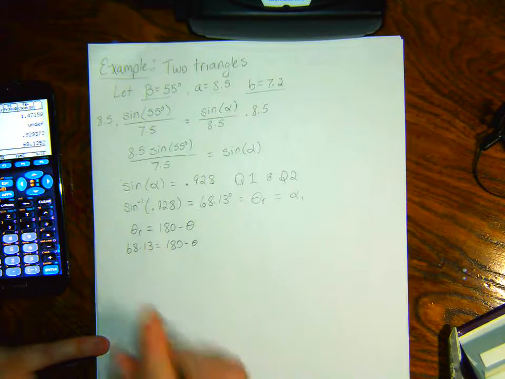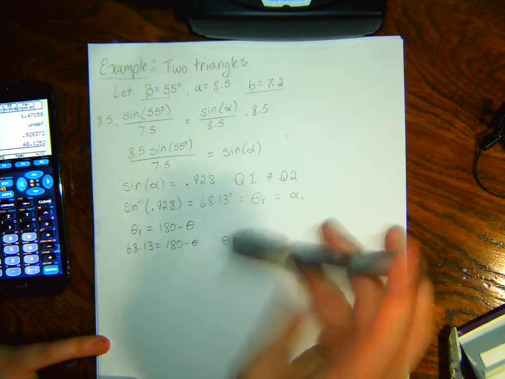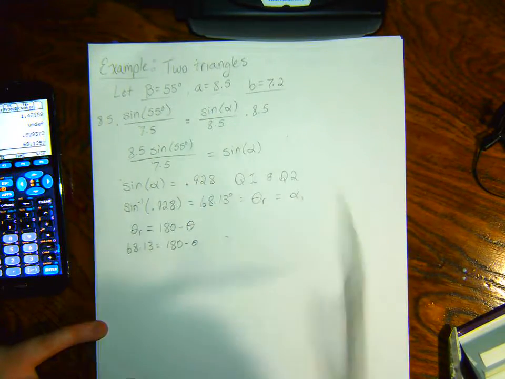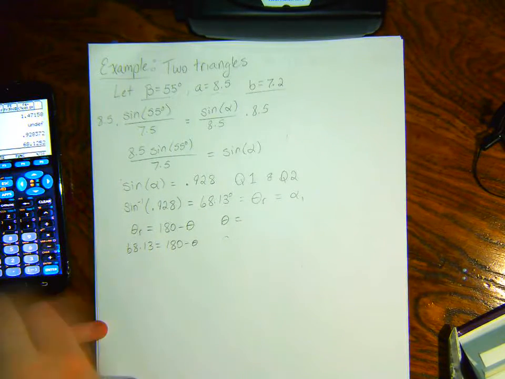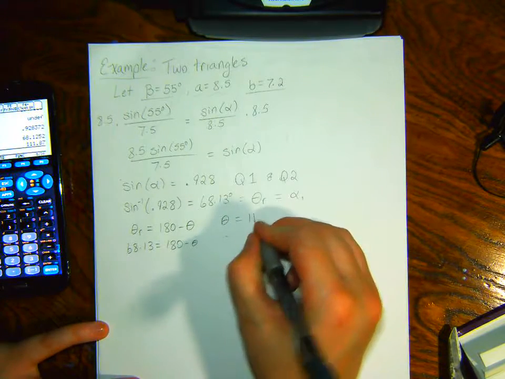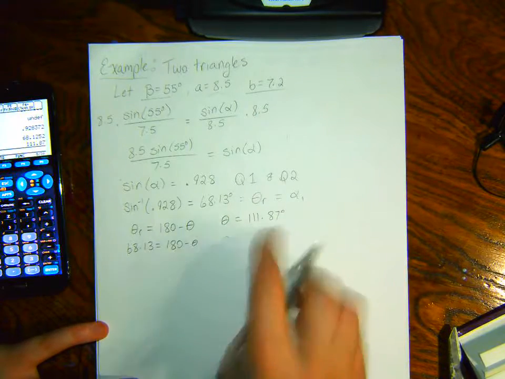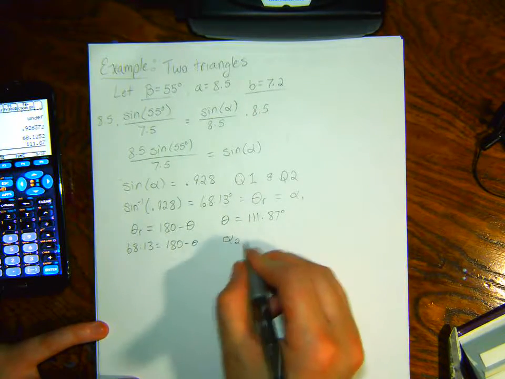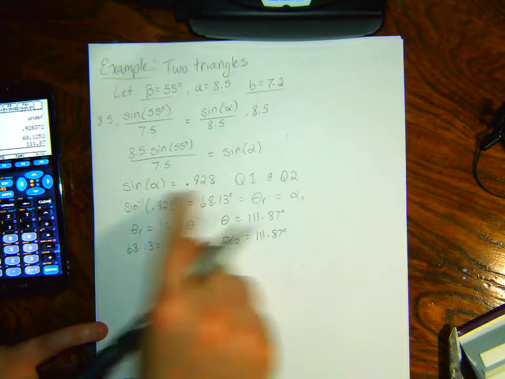If we solve for theta, we get that theta equals 180 minus 68.13, which equals 111.87 degrees. Let's rename this our alpha 2, so our two possible angles that can satisfy this equation up here.